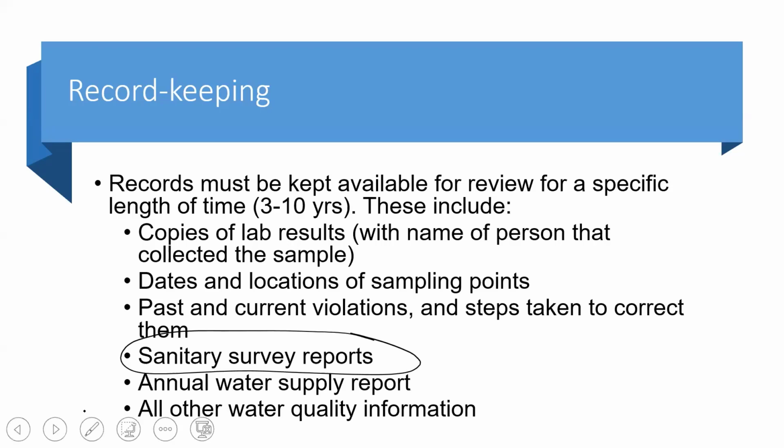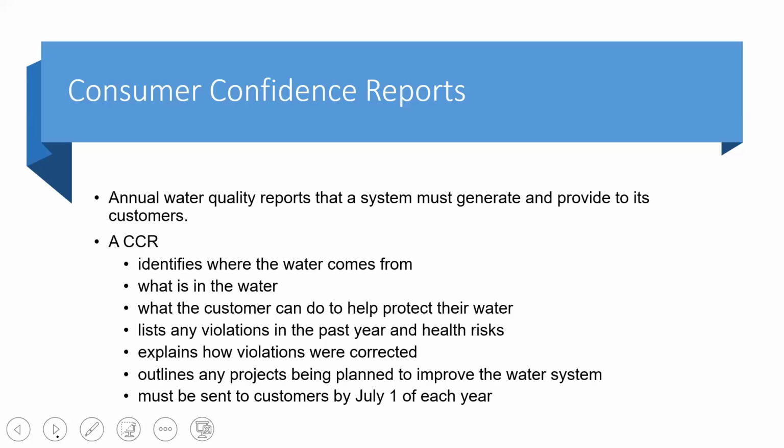Now, the consumer confidence reports are required by the US EPA, and these are annual reports that every system must generate, must provide to its customers. And these identify the source of the water, what's in the water, specific requirements, what they have to provide in terms of that information.